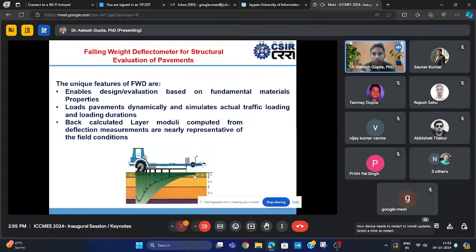It was developed when there were no dense bituminous layers like the ones we use nowadays, such as bituminous concrete and dense bituminous macadam; there was only bituminous macadam and Timis carpet. That is why nowadays we are shifting towards the falling weight deflectometer.